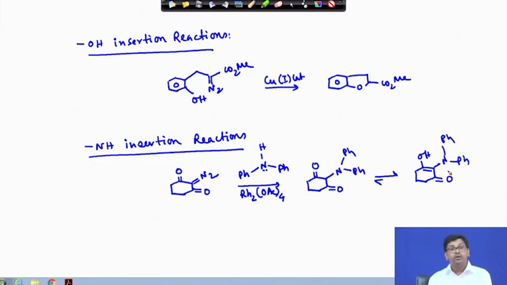So, what we have learned so far is that different types of insertion reactions are possible with carbene species. As the carbene species is electron deficient and highly reactive, it can be inserted into various types of bonds.